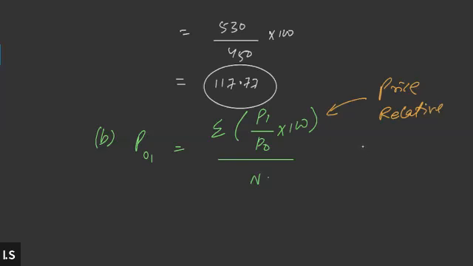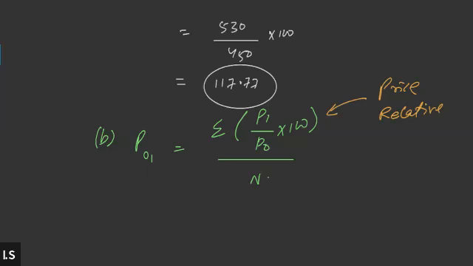Therefore it is called the simple average of price relative method. We need to find the price relative, then divide it by the number of items to find the simple average of price relative.